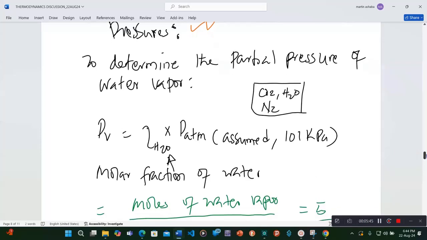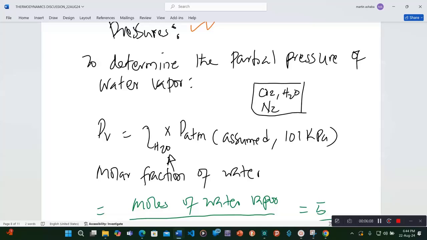So the partial pressure of water vapor is equal to the molar fraction of water times the pressure of the system, and we are going to take the pressure of the system to be atmospheric, and we are taking the value of that atmospheric pressure to be 101 kilopascals.